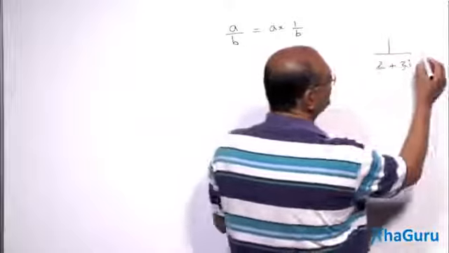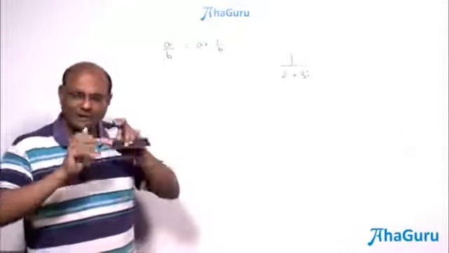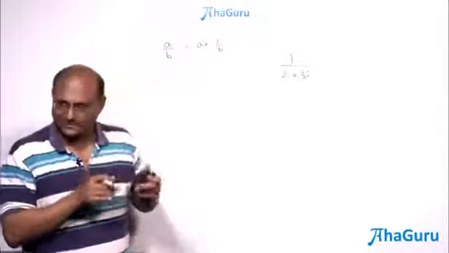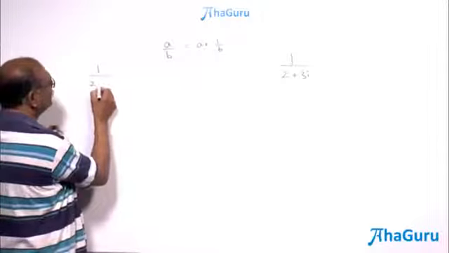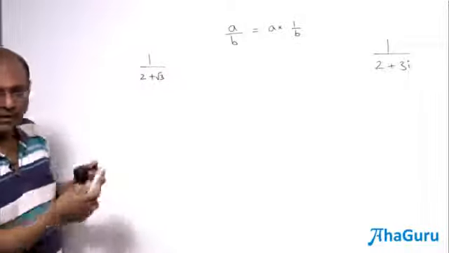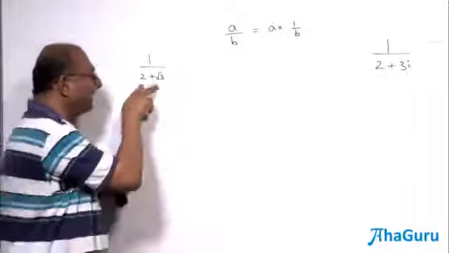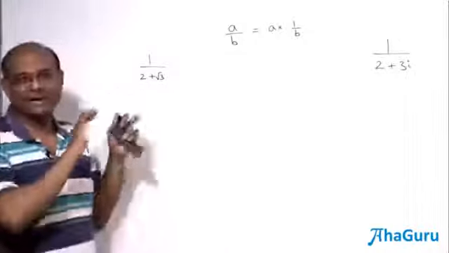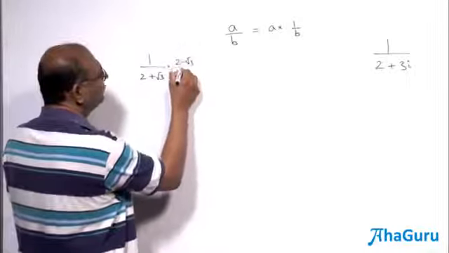So if you see this, you have already seen what to do when you have an irrational kind of thing at the denominator, right? We call it surds, right? So suppose I had 1 by 2 plus root 3. What do you generally do? We multiply and divide by the conjugate because we don't like this fellow sitting here. It's okay to have it in the numerator, but we don't like it in the denominator. So we say, let us multiply and divide by its conjugate.